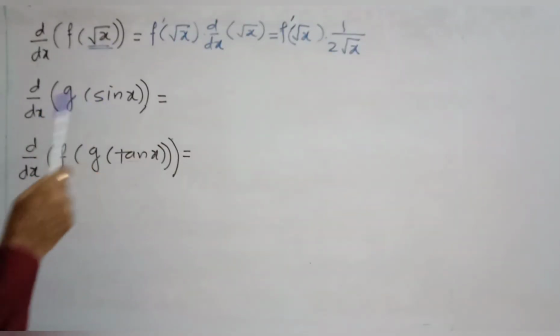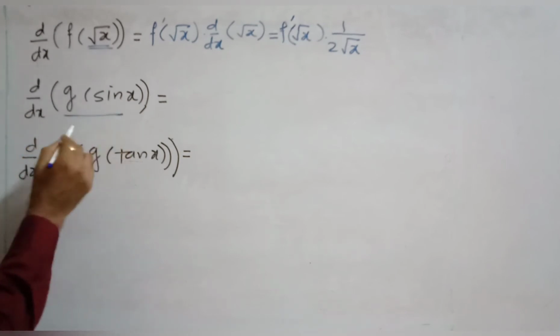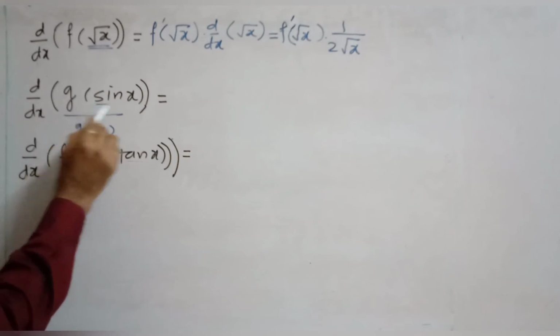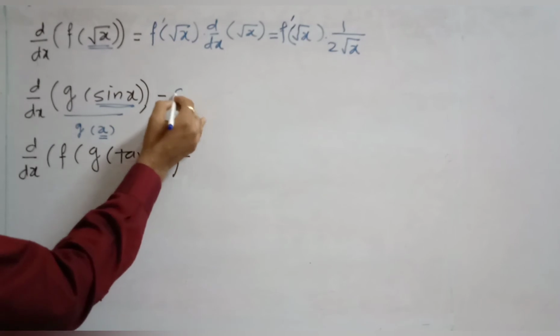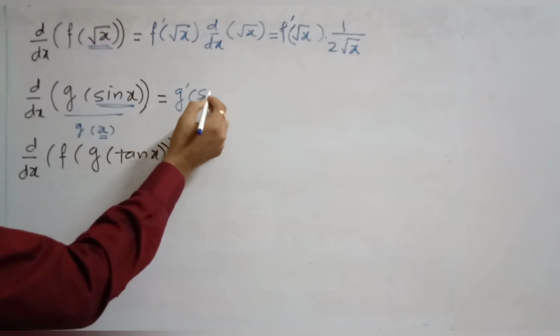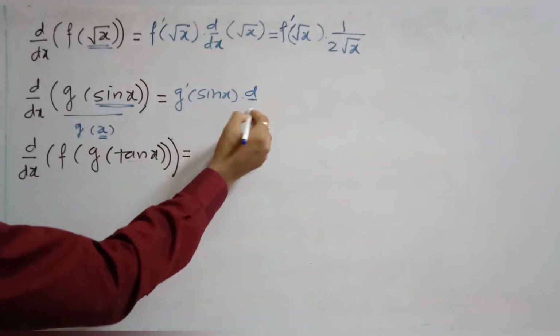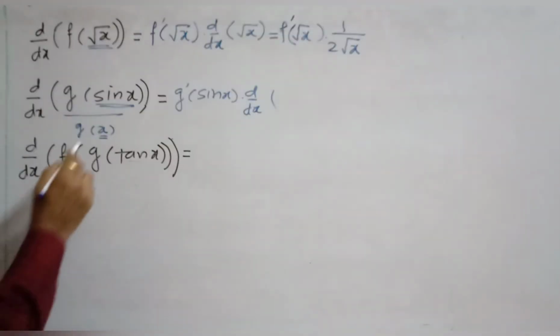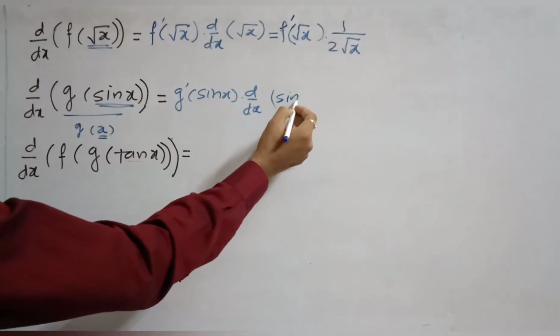Then d by dx of g of sin x. You compare this g of sin x with g of x, so the replacement of x is sin x, so remember that. Now the derivative of g of sin x is g dash sin x into d by dx of the replacement of x, so x was replaced by sin x, so d by dx of sin x.